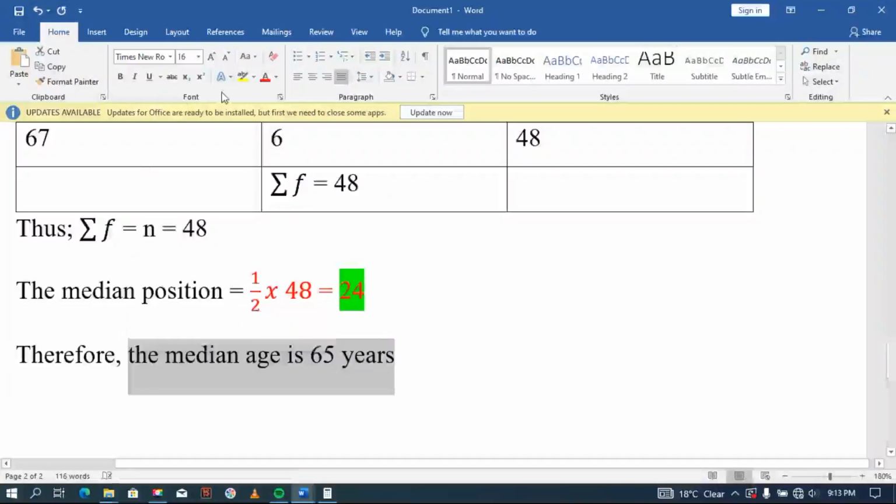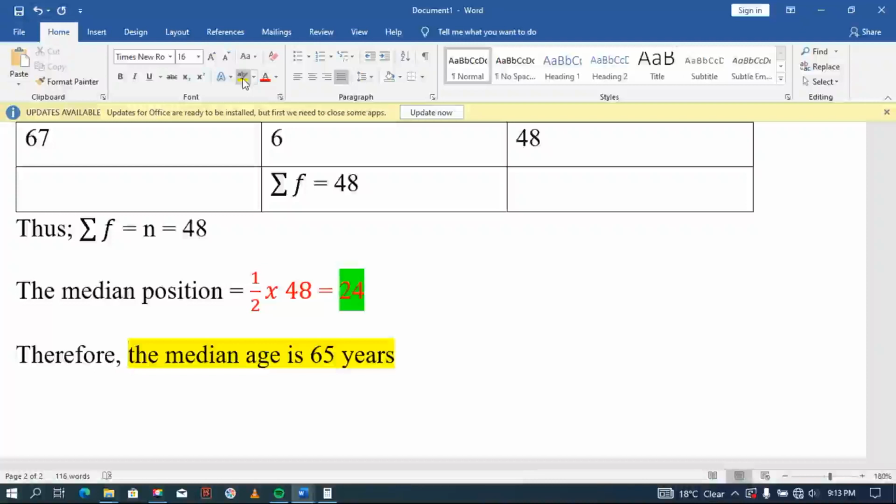So that is how we simply find the median for simple frequency distributions. Then we can look at the last segment when it comes to median computations, and that is basically the median for grouped data.